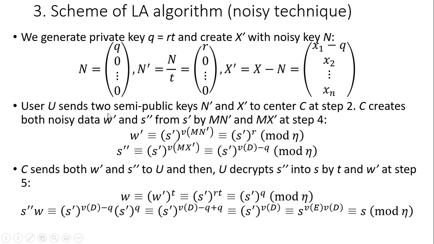User U sends two semi-private keys, N quark and S quark, to center C as step 2. C creates both noisy data W quark and S double quark from S quark by M N quark and M S quark as step 4.